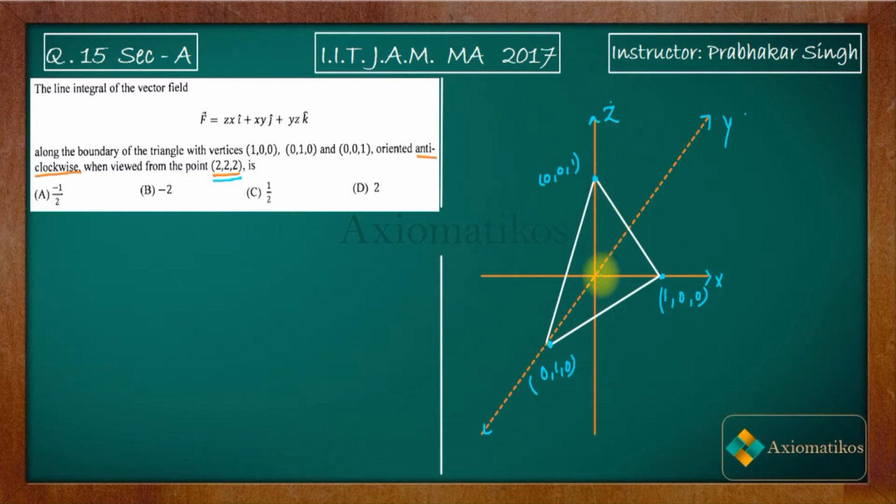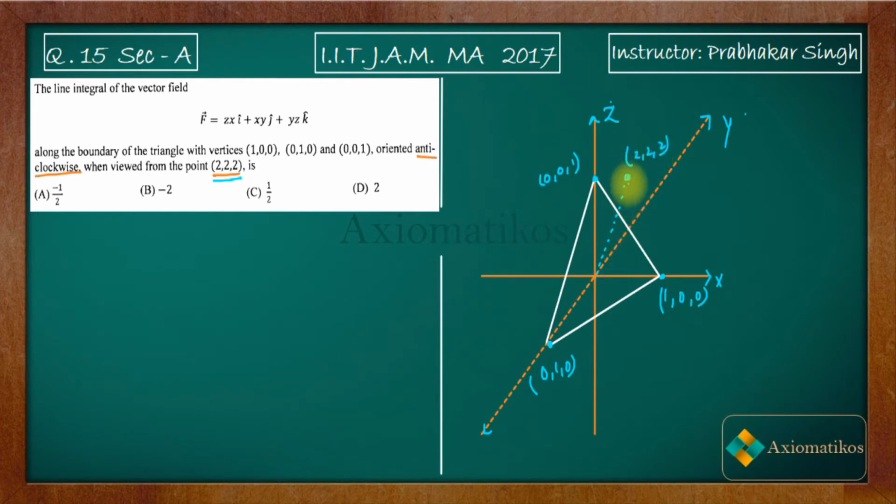Are you getting my point? Let us try to draw it. Let us say this is 2, coming out of the board. This is our green board and (2, 2, 2) will lie above it. So this is (2, 2, 2).